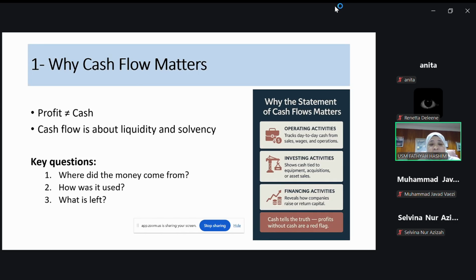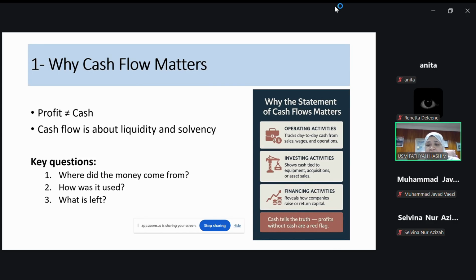And therefore, the cash flow statement matters, and cash flow management is very important for management, and also for investors and creditors, to know about the cash movement of the company.